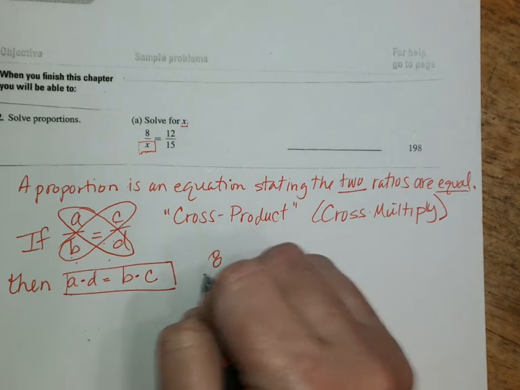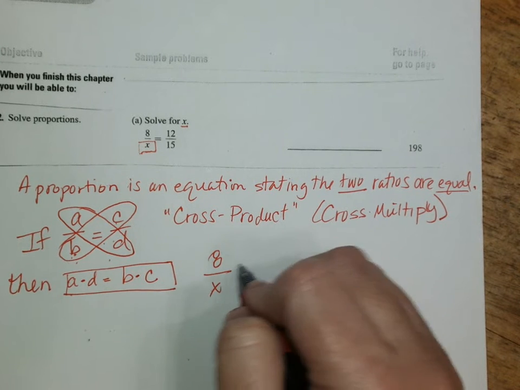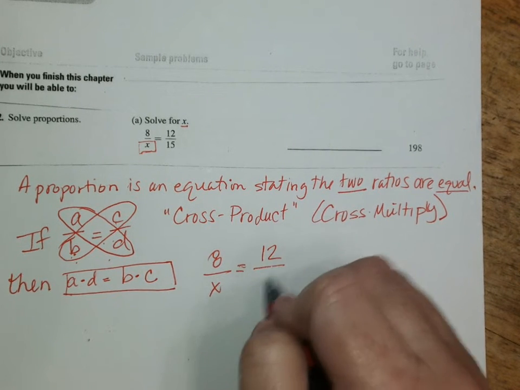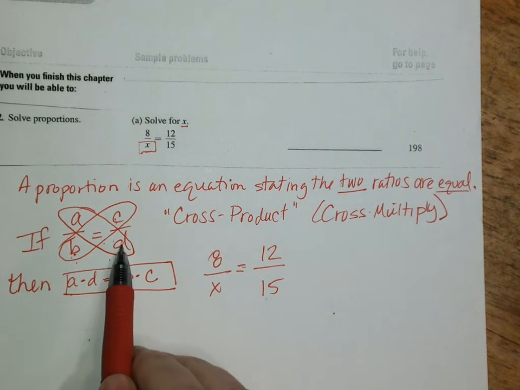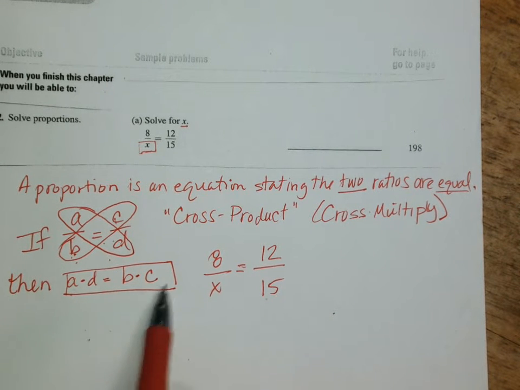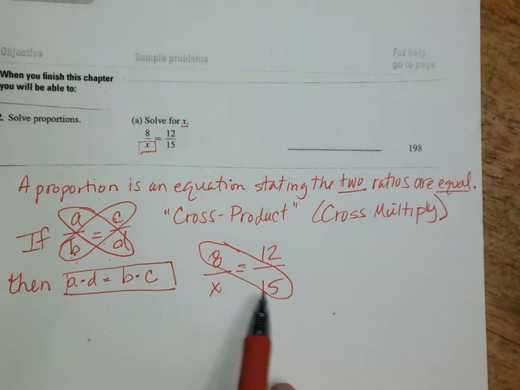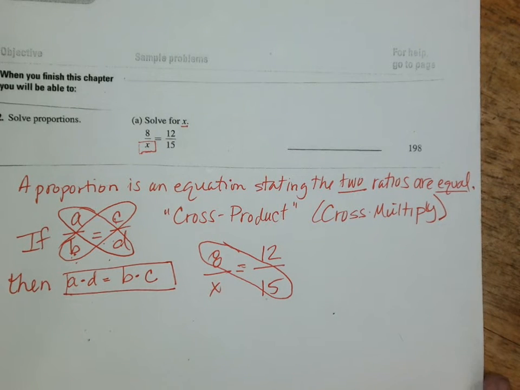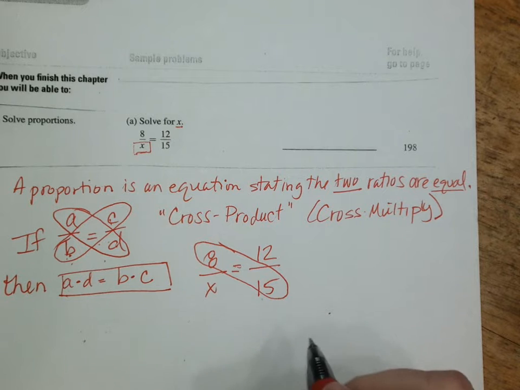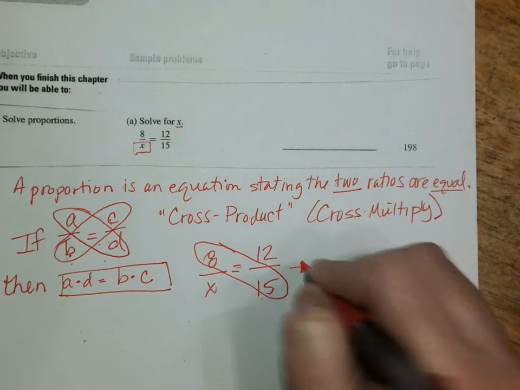So just like we cross multiplied and rearranged that into A times D by using the butterfly, cross product, cross multiply, we can say that, and I'm just going to write this out so you can see the steps, and this is one way that you can show your work. I can say that this now becomes 8 times 15 is equal to 12 times x.